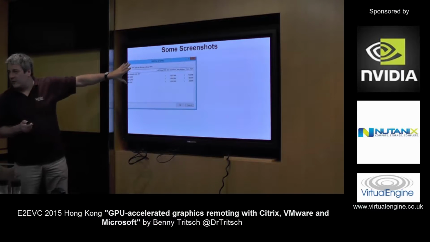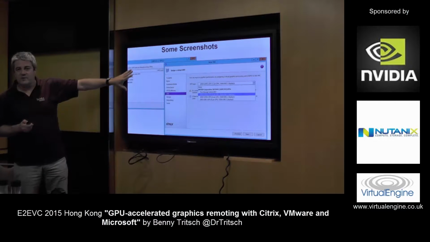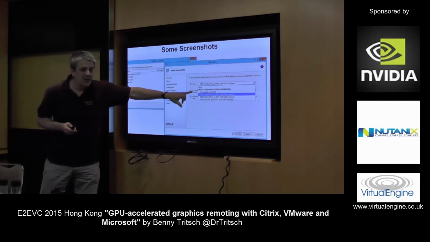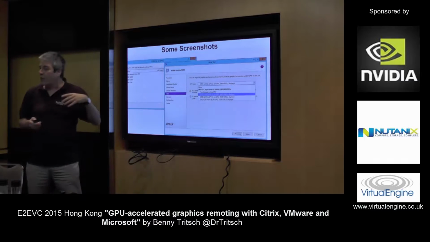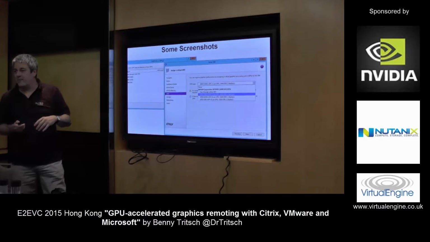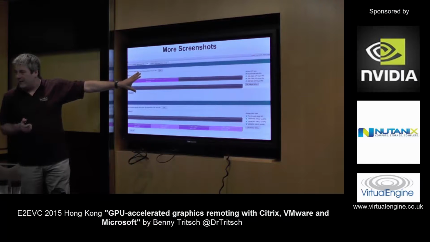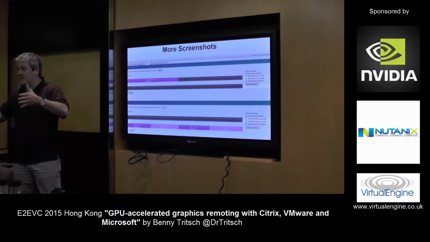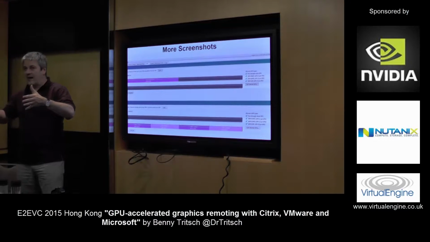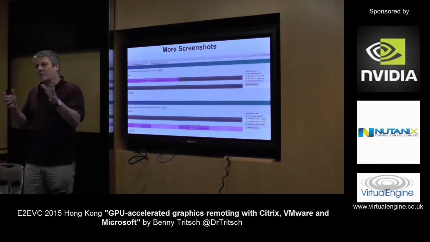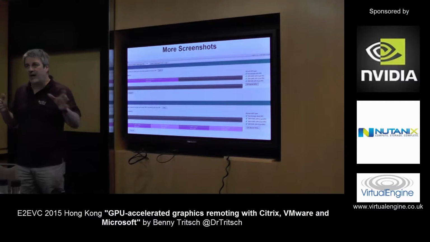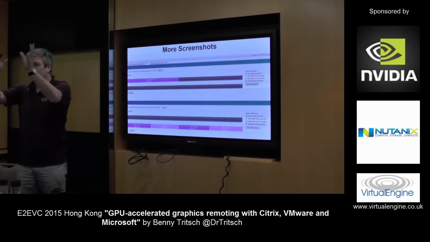Here are the screenshots from the Citrix configuration. Then you can configure those grid profiles that Jack described in his session. So this is the picture of the Citrix console. What Jack had in his slide deck, telling you that one particular profile can only be assigned to one GPU.